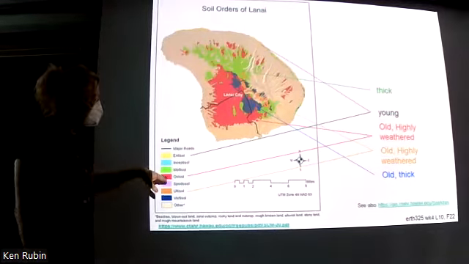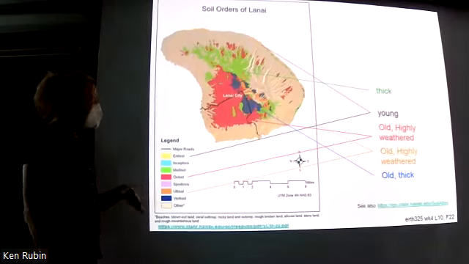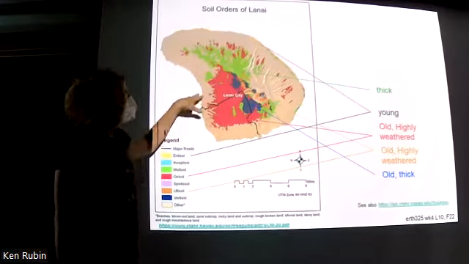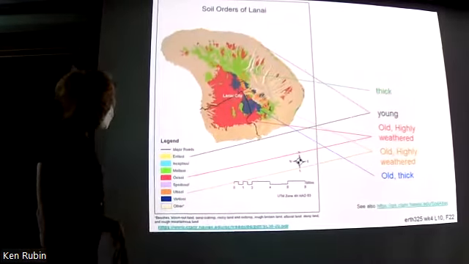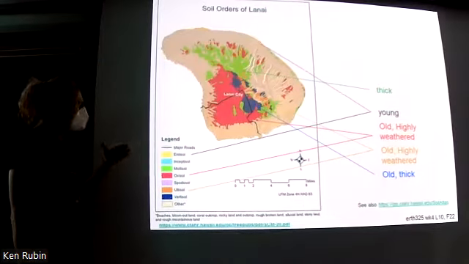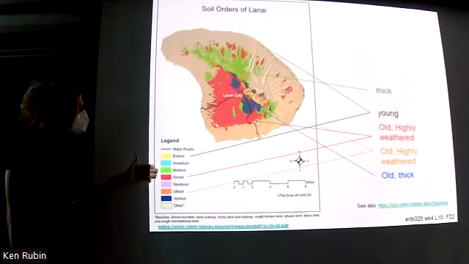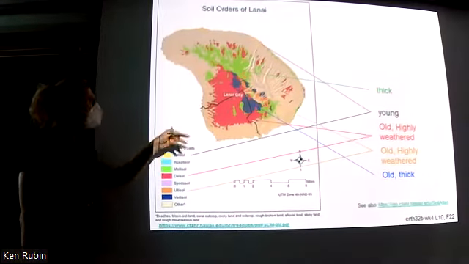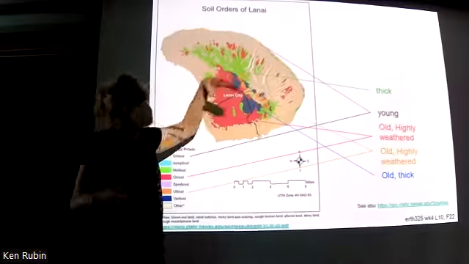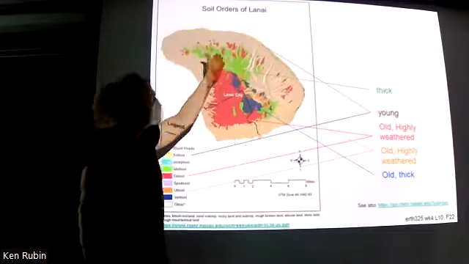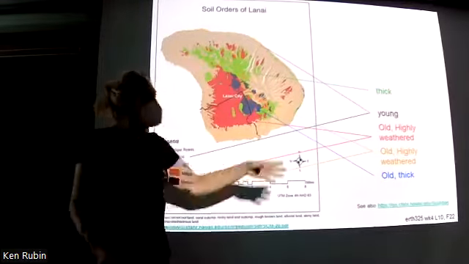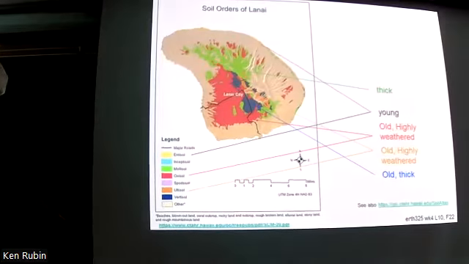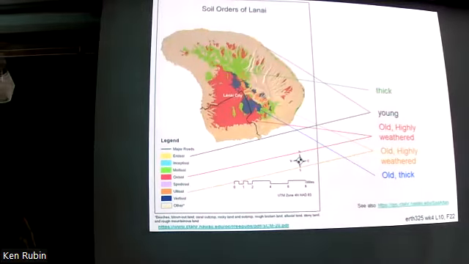So we see these very oxidized and low organic soils accumulating here in the caldera. We see soils that are younger and more well developed associated with the places where it rains a lot. So this is pretty much the only part of the island that's got verdant plant growth, and the rest of it's pretty dry and deserty.